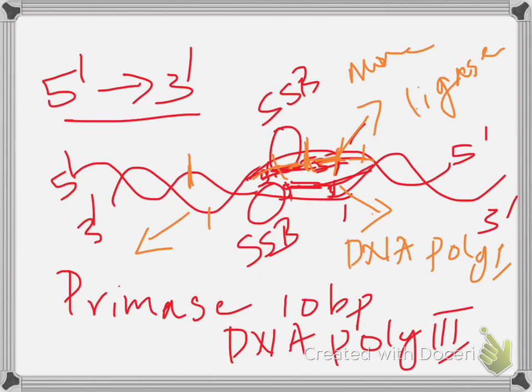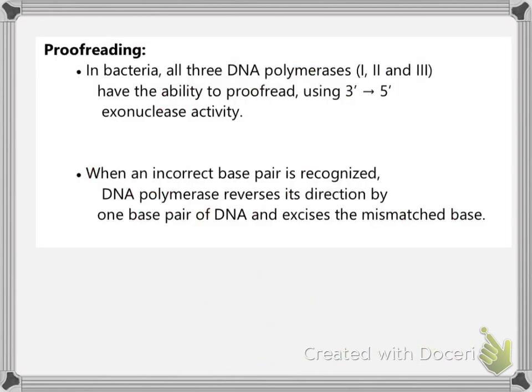Now let us move to proofreading. Proofreading means the correction of errors. In bacteria, all three DNA polymerases, polymerase 1, 2 and 3, have the ability to proofread using 3' to 5' exonuclease activity.